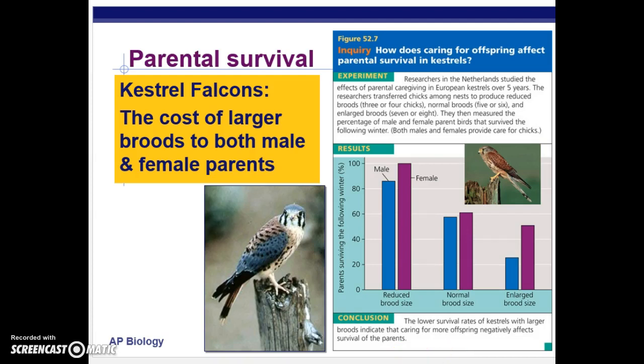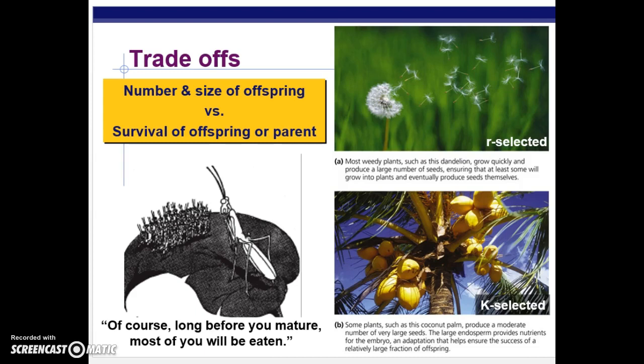The parental survival rate is a balancing act. These trade-offs affect not just kestrel falcons, but all organisms actually are playing this balancing act here. So the trade-off in the number and size of the offspring versus the survival of the offspring or the parent.